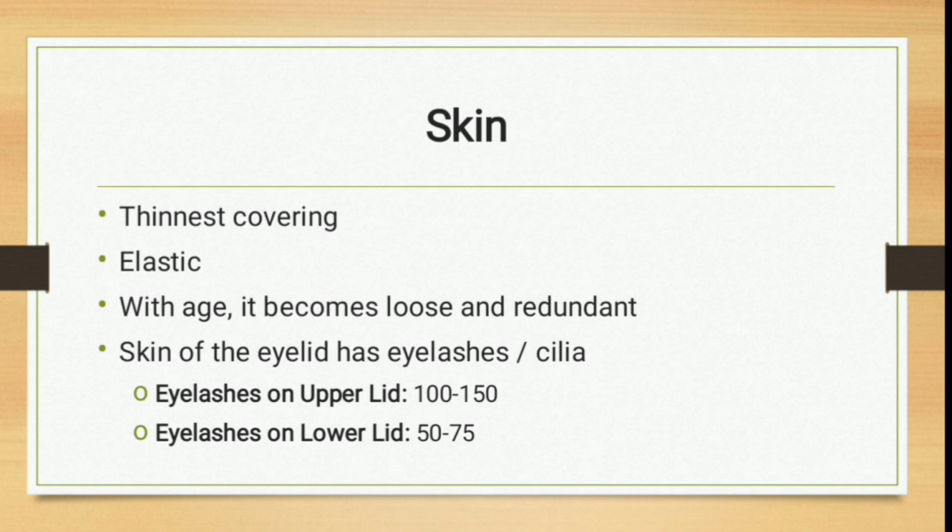After every 100 to 150 days, the eyelashes grow and the old ones are removed. Like you can see that a lot of the time your eyelash breaks. The area where a specific eyelash breaks, there is a process by which it can regrow, right?